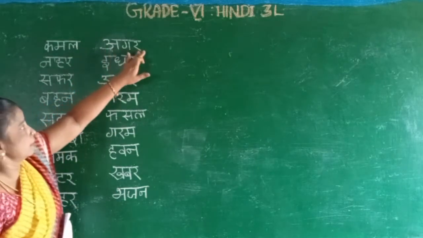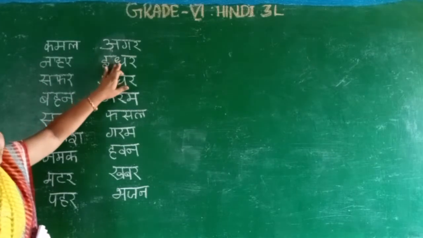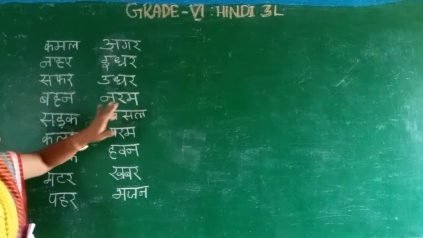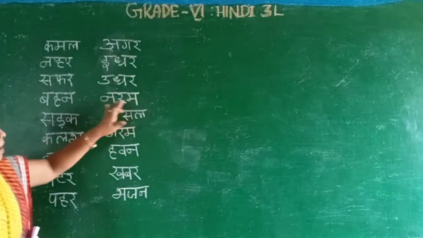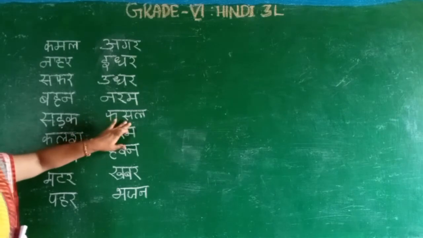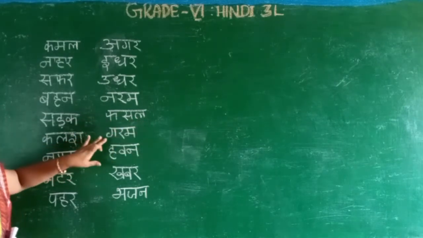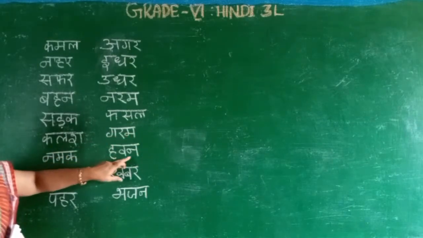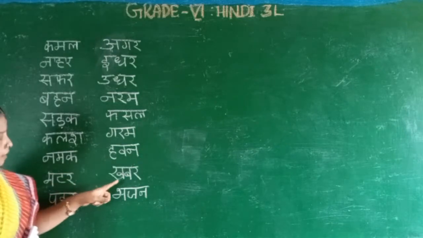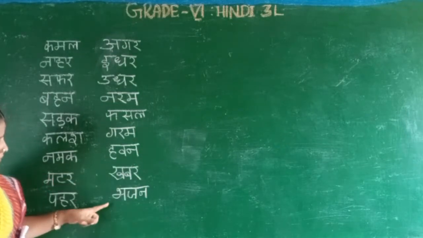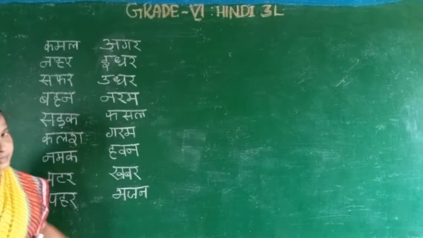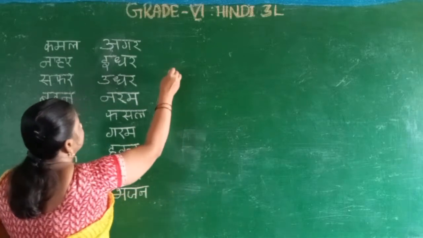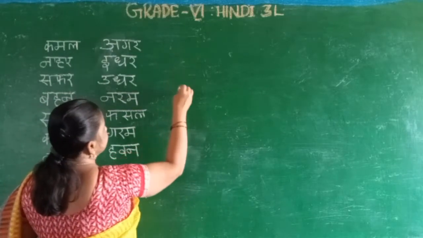A, ga, ra, agar. E, da, ra, idhar. U, da, ra, udhar. Na, ra, ma, naram. Fa, sa, la, fasal. Ga, ra, ma, garam. Ha, va, na, havan. Kha, ba, ra, khabar. Ba, ja, na, bhajan.